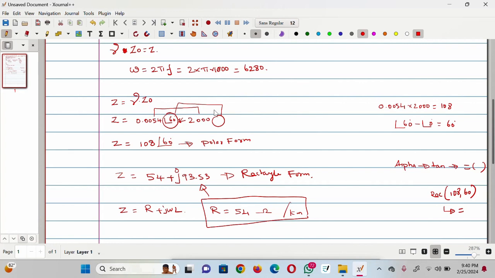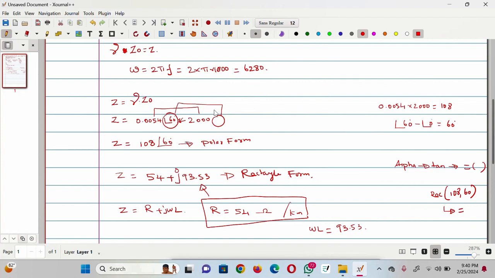From this equation, R is 54 ohms per kilometer. What about L? We already know omega. So j omega L, the j term is 93.53, so omega L equals 93.53. We need to equate this value.